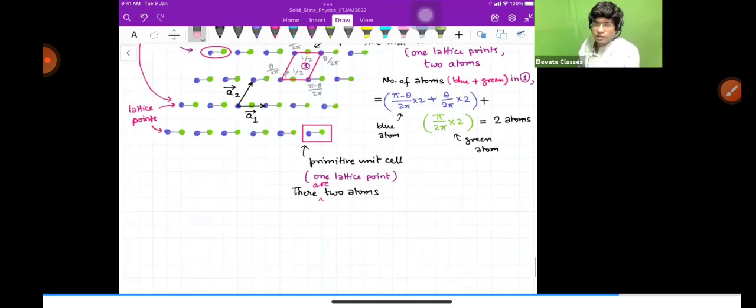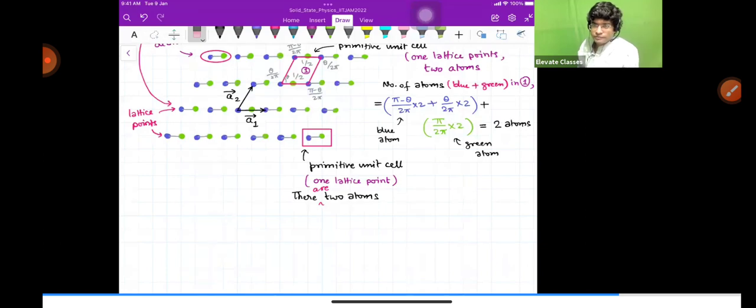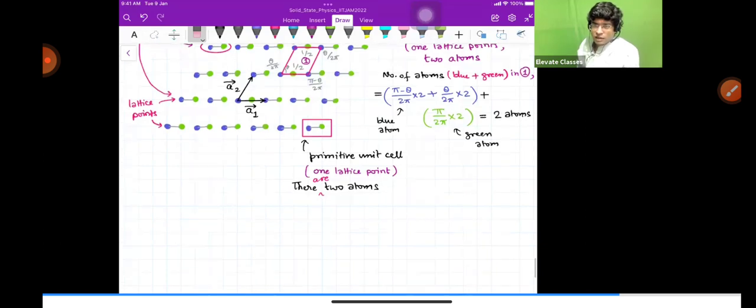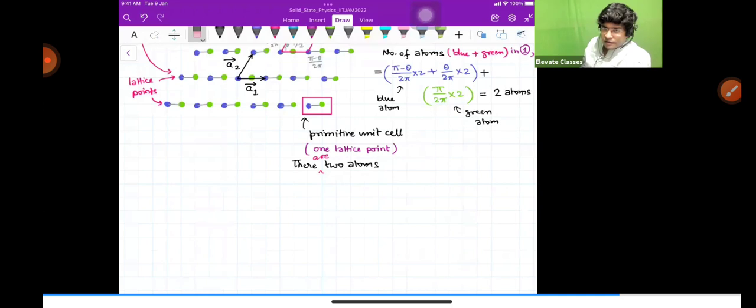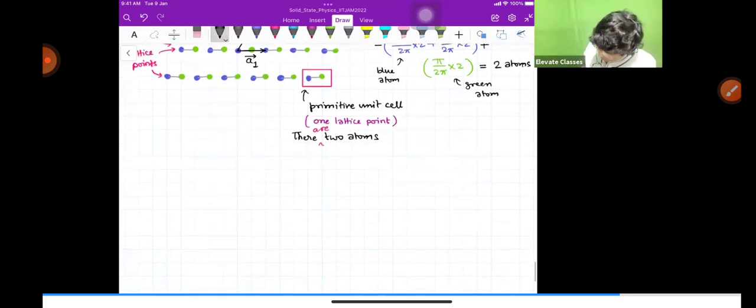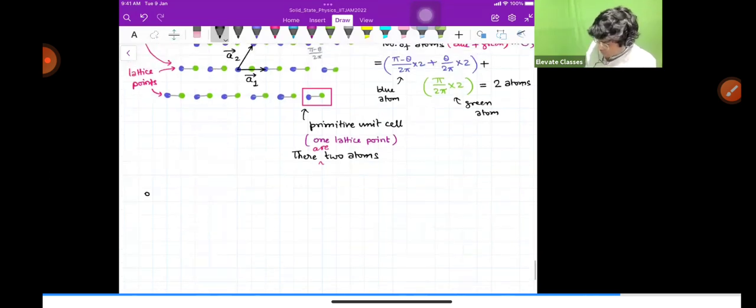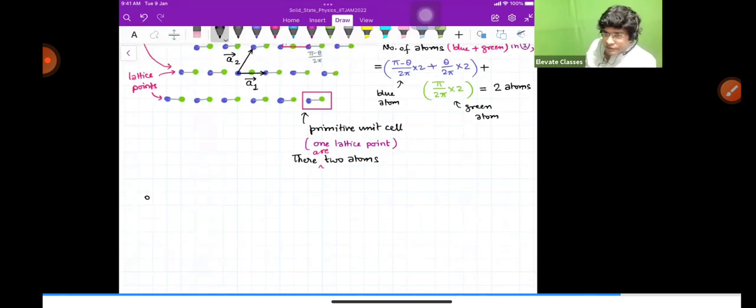All right. Now, what is the reference here? What is the reference points here? Reference lattice points? The blue atoms, okay, where the blue atoms are kept. In this case, आप green को भी play करके बना सकते थे, ठीक है? We could have used green also in place of blue, and then place the blue ones. In this case, we have used the blue atoms.